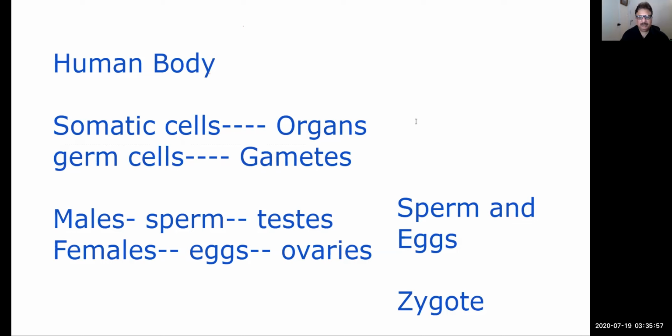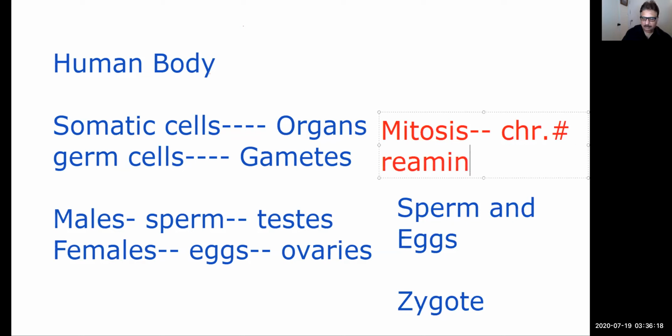Now, somatic cells, which form organs, mainly undergo mitosis division. And mitosis is where the chromosome number remains the same. From parent cells to daughter cells, the number of chromosomes remains the same.